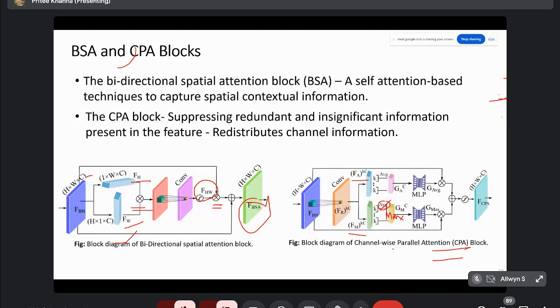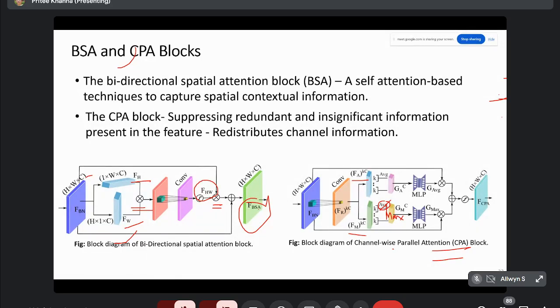So this spatial information which we obtain is squeezed by global average pooling and global max pooling in parallel. At the next step, these features are further downsampled, and the two vectors are fed to the parallel multi-layer perceptron with two layers.